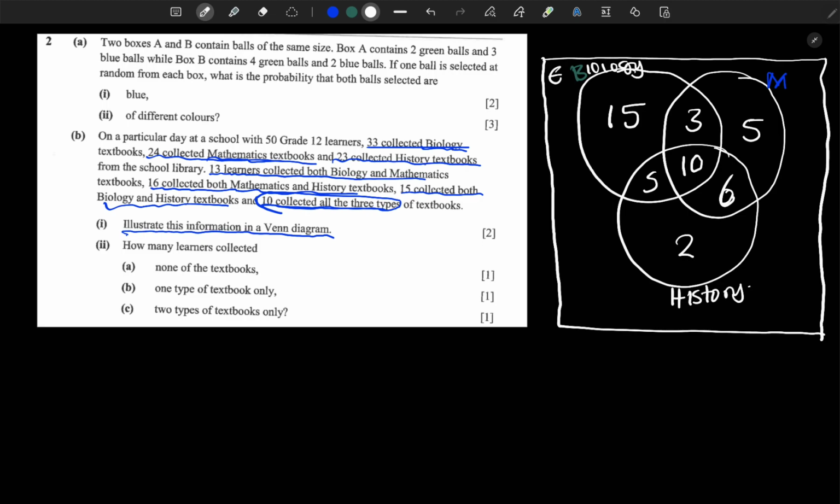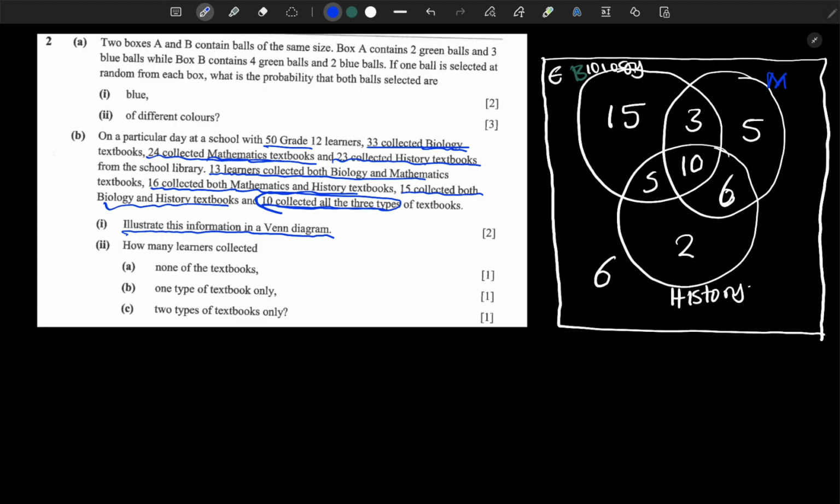So 46 is the total for the numbers that we have, but we are given that the total is 50. So what you do, you subtract 46 from 50, giving us 4. So 4 must be put on the outside. So 4 means that they did not take part in the activity of collecting the textbooks.